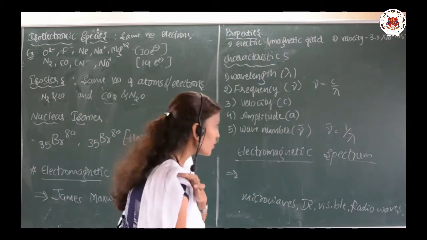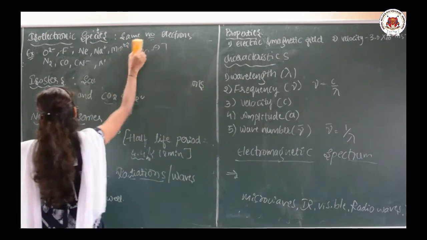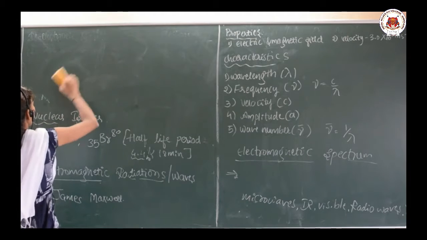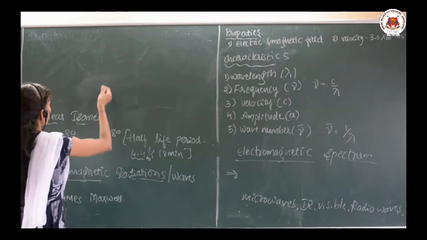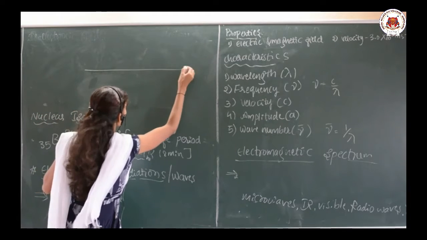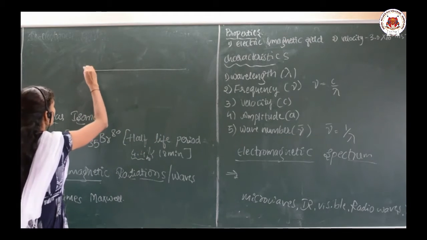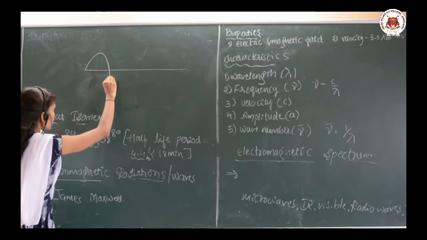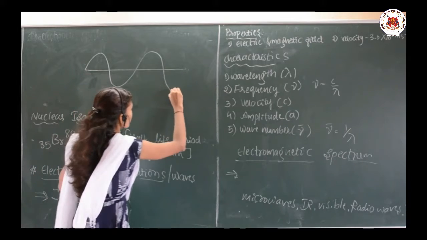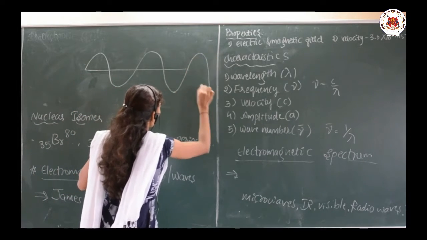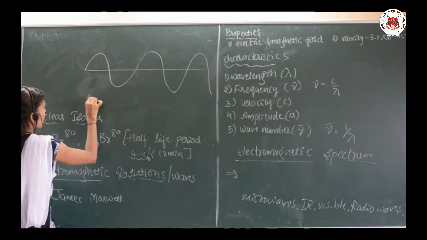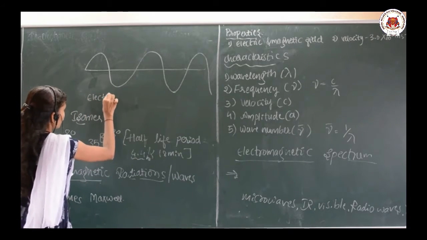So let me draw the diagram. Light and other forms of radiation propagate through space in the form of waves, and these waves are associated with electric and magnetic fields.